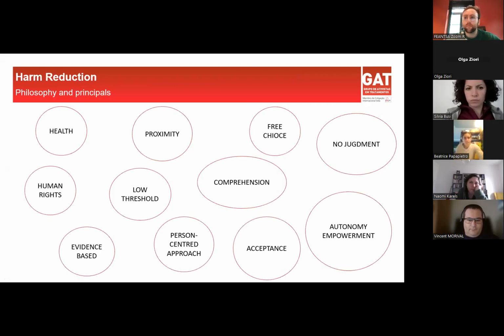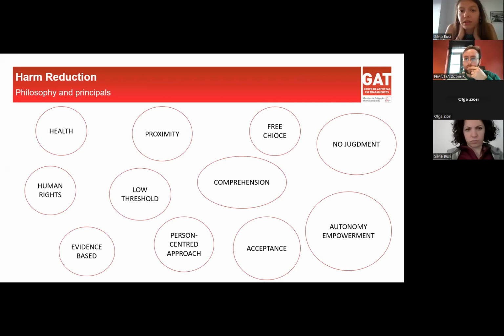Actually, a lot of you already mentioned what the main principles are, so I'm really glad that a lot of you already know and probably are already using this principle and this philosophy. As most of you said, health is the reason why harm reduction started.